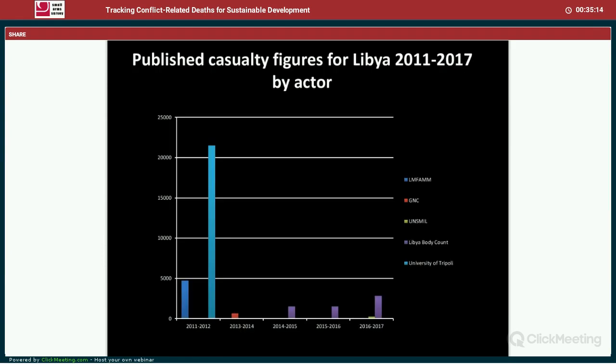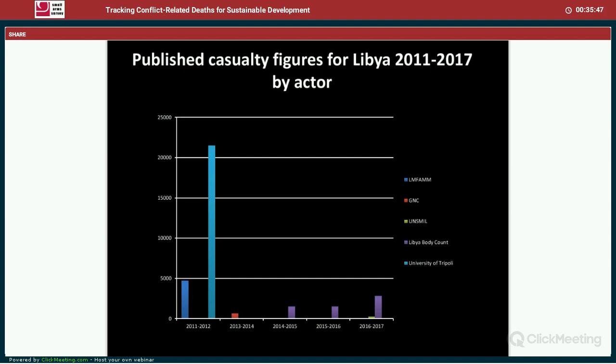There's a graph, and what it tells us is that the efforts for recording casualties in Libya have not been continuous and have taken place over different periods of time. There are lots of reasons for this, but usually it's because of capacity and organizational mandates. When it is possible to compare figures in the same time period, you can see that they are quite varied.